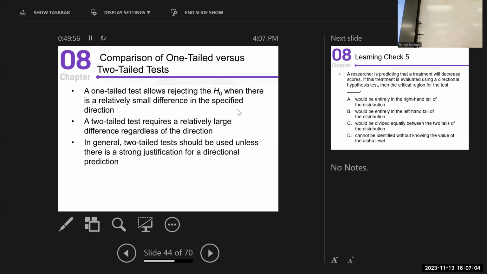So now we're going to find our z-score. We have our sample size, we have our mean. Now we have to find our standard error of the mean. Again, this is the standard error of the mean formula: standard deviation over the square root of n.